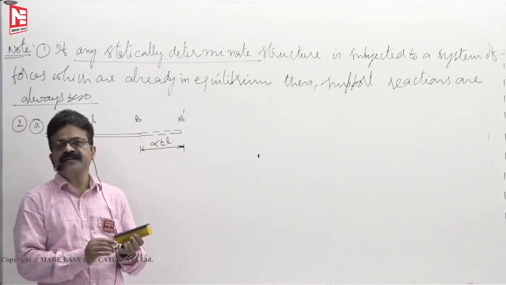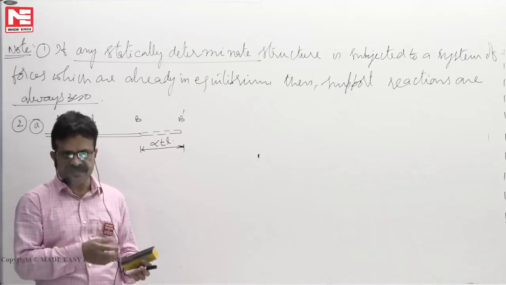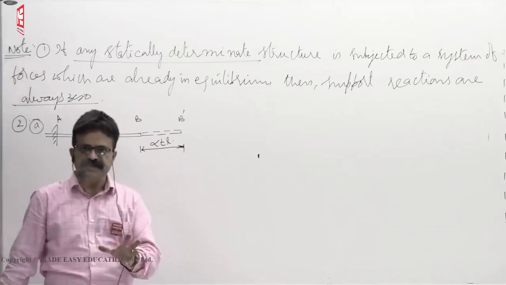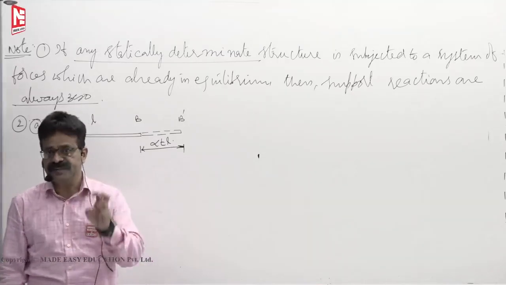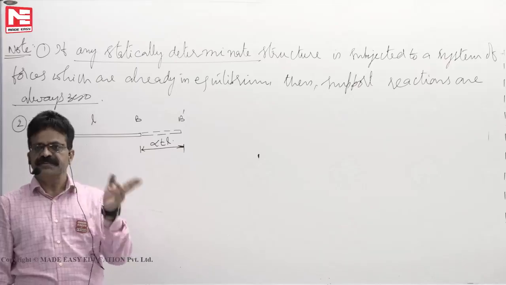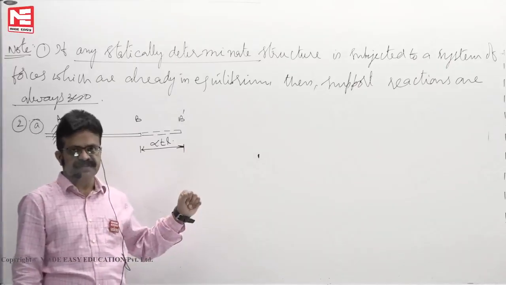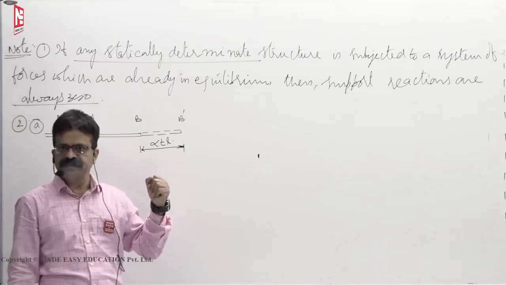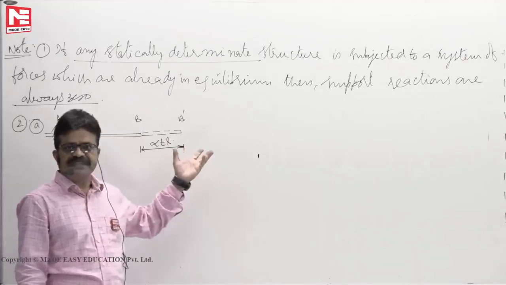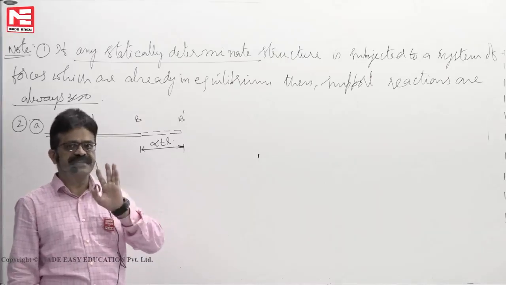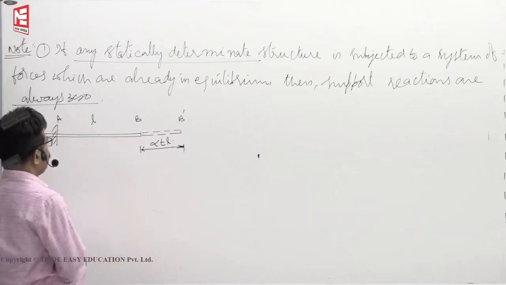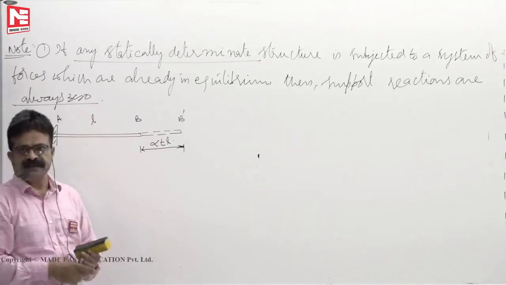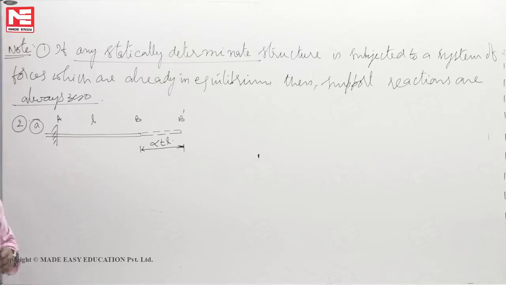Just because strain is there, stress need not develop. That's what you have learned. They are called free strains. Without any stress also, strains can develop. Strain means change in length by original length, but that change in length can be due to anything. If that change in length is due to loads, then stress will develop. With temperature changes, no stresses, but still strains can exist. Strain is alpha into T, but no forces will develop in any part of the structure.